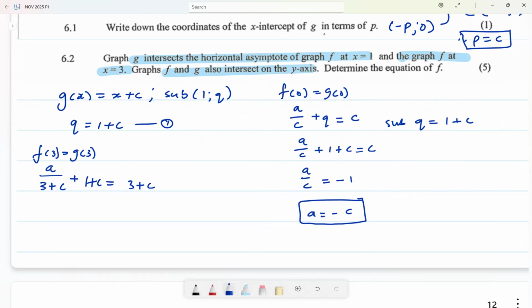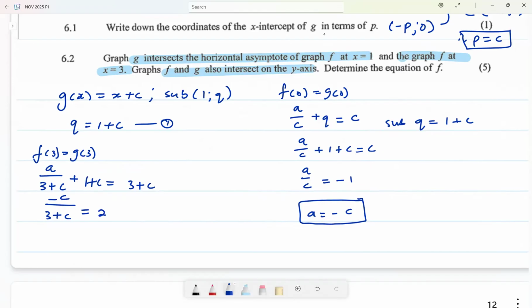And then I'm going to have something like 3a divided by, what is this? Oh, I already know a, by the way. A is supposed to be negative c. I can say negative c divided by 3 plus c is equal to c. When it goes to the other side, it's going to be c minus c. And then 3 minus 1 is 2.